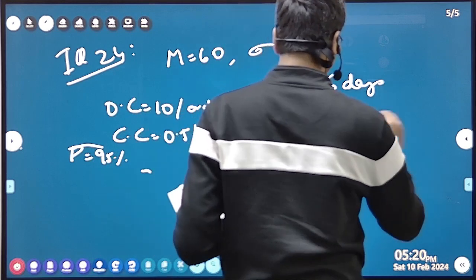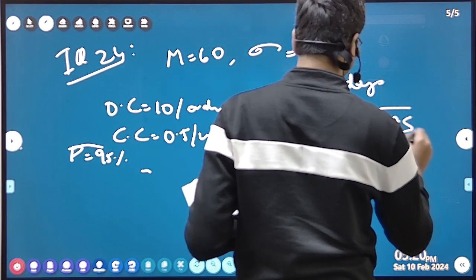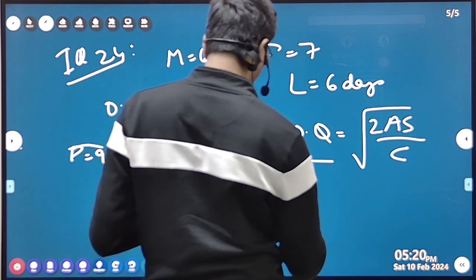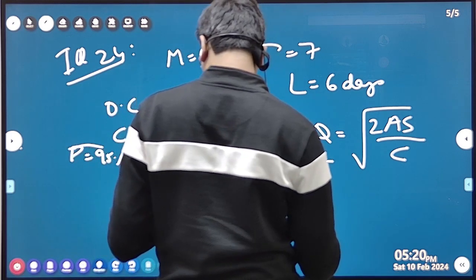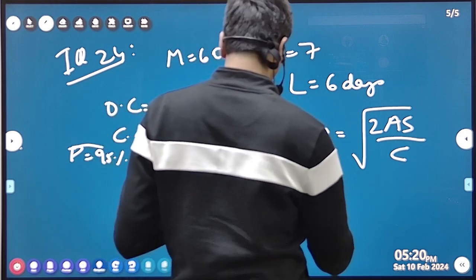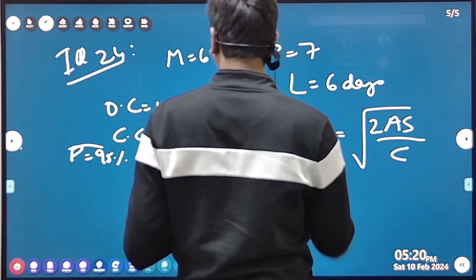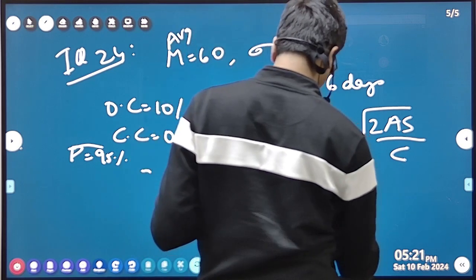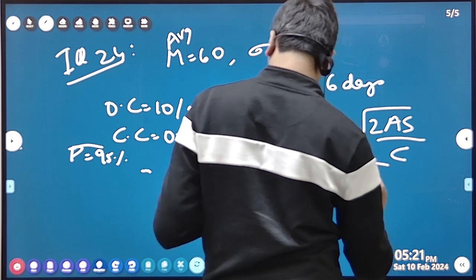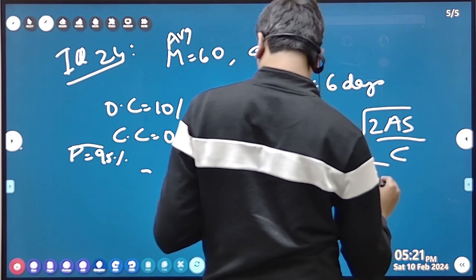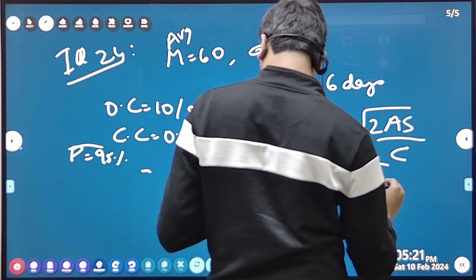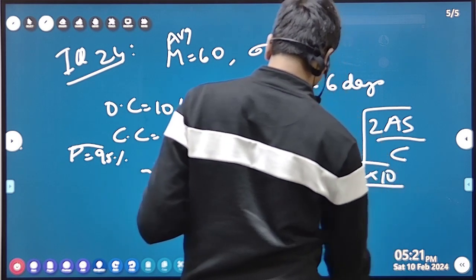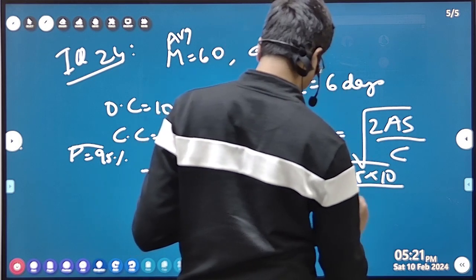EOQ is nothing but the square root of 2AS by C. So that is 2 into 60, since mean is nothing but average, into 365 into the order cost of 10 rupees, divided by 0.5.